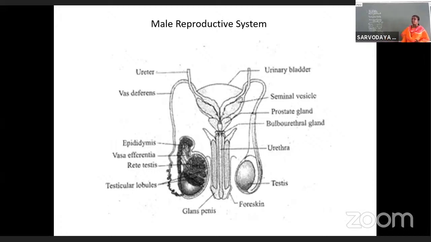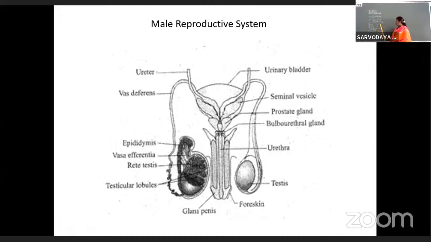So this is going to be the feature we observe inside the seminiferous tubule. What is it lined by? Two types of cells. Male germ cells or spermatogonia. What is the function of spermatogonia? It is going to take part in the production of sperm by undergoing what type of cell division? Meiosis.